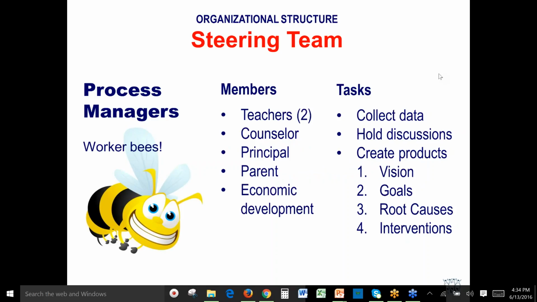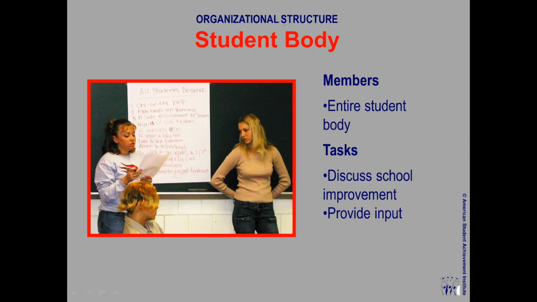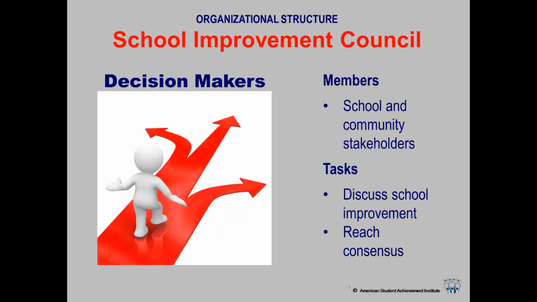So you are the worker bees for school improvement. You're managing the school improvement process in your building. Okay, then also just a reminder that normally SI2 works with a student body, has student body discussions, and also works with an improvement council, but because of time constraints this year, we're not working with those two groups.